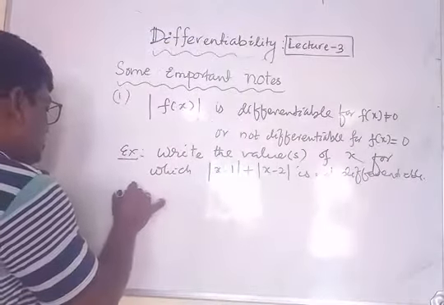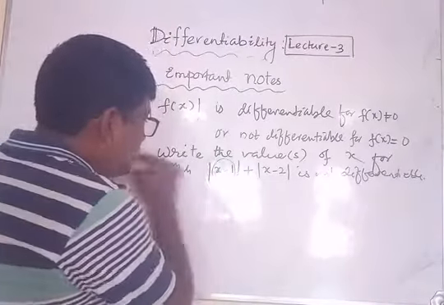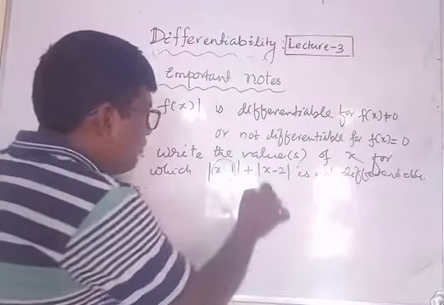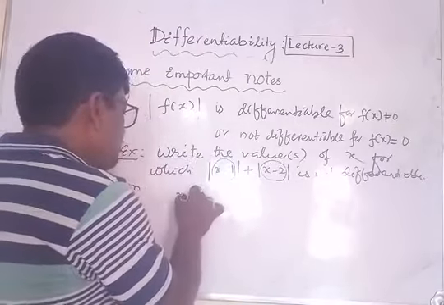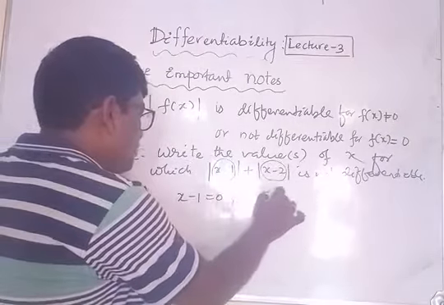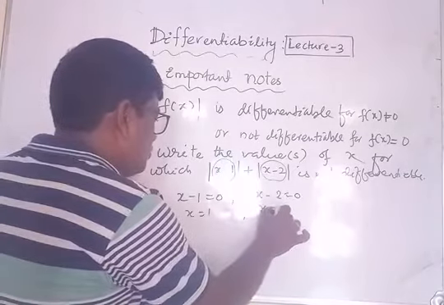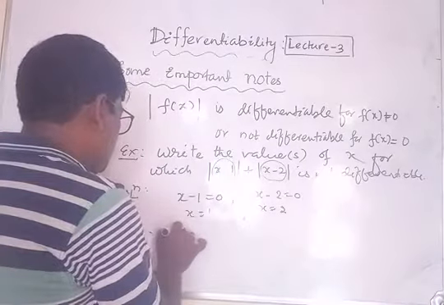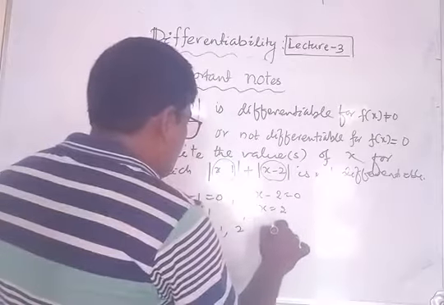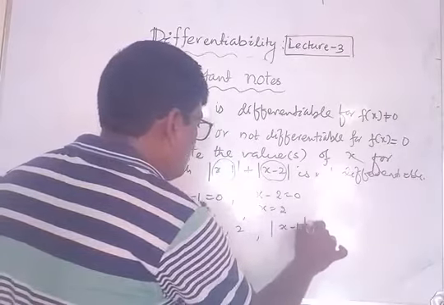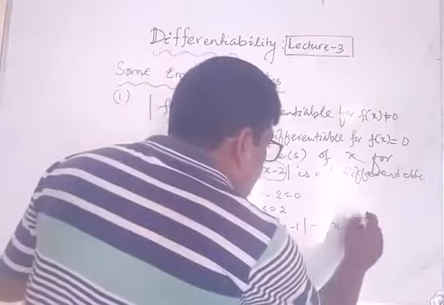So answer is, for x equal to 1 this will be 0, and for x equal to 2 this will be 0. So not differentiable means x minus 1 equals 0, x minus 2 equals 0, that implies x equals 1 and x equals 2. Therefore for x equal to 1, 2, mod of x minus 1 plus mod of x minus 2 is not differentiable.